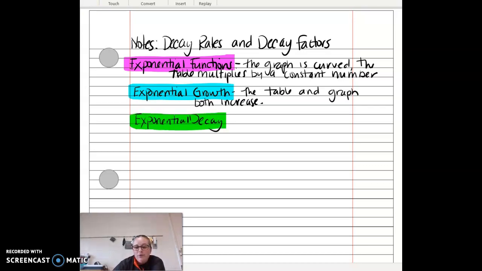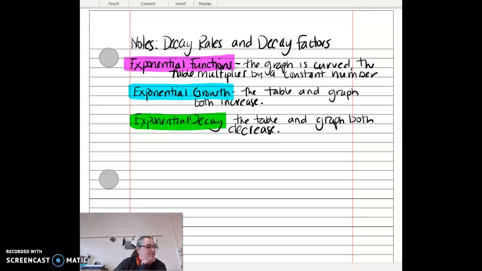The table and graph both decrease, or go down.